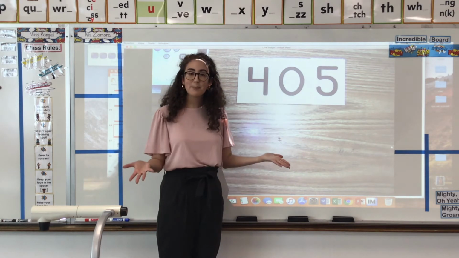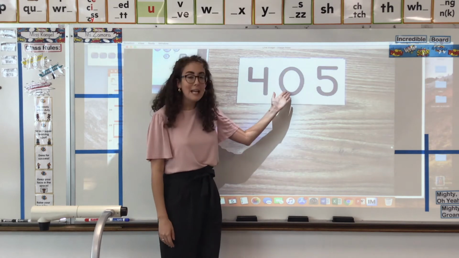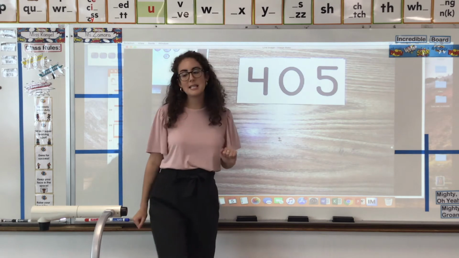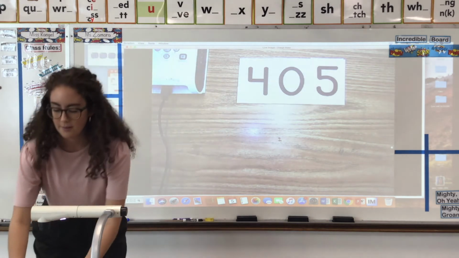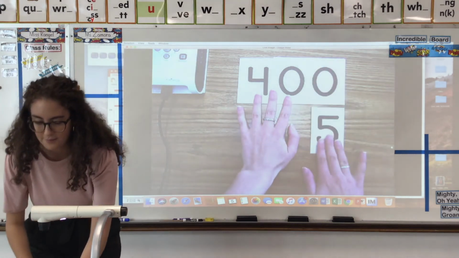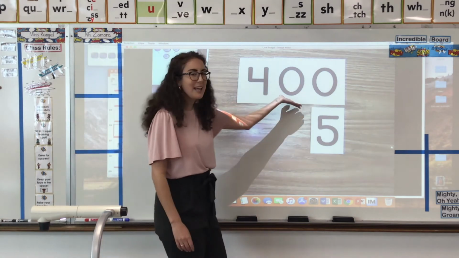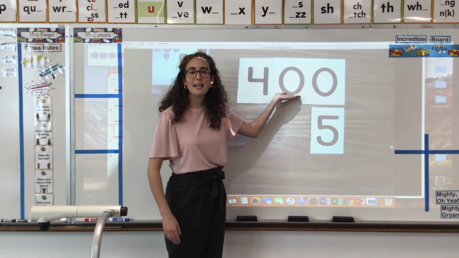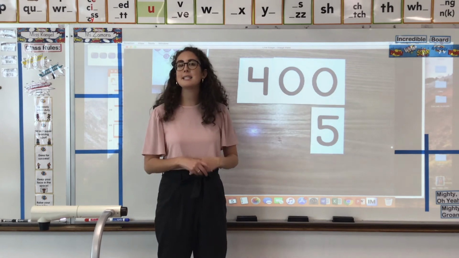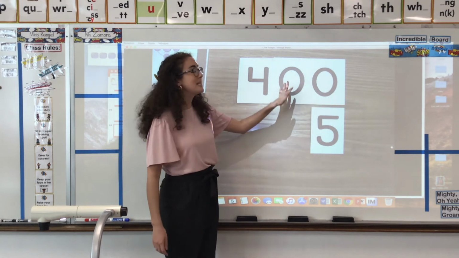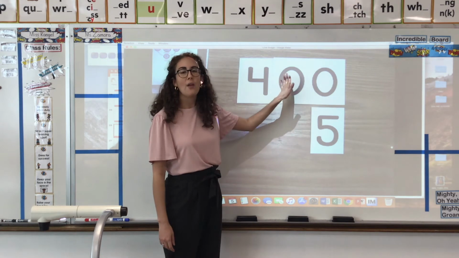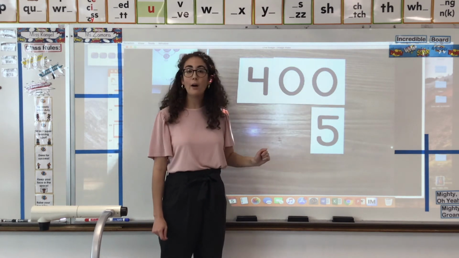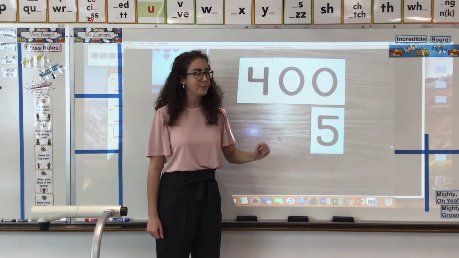The tens place. So if the digit 0 is in the tens place, how much is this 0 worth? Nothing. It's worth 0. No matter where the 0 is, it means that place has 0 value. But we still need to acknowledge that there are 0 tens and there's no value being held by that digit.